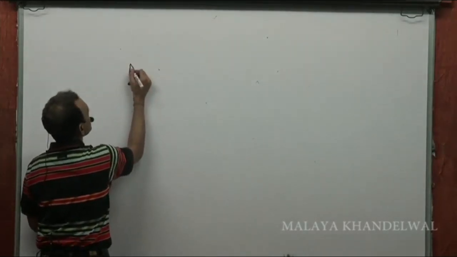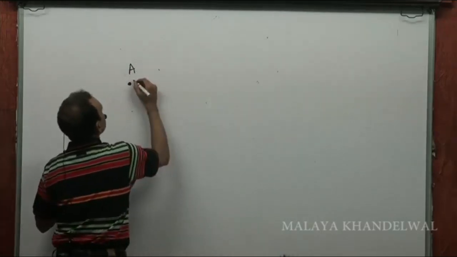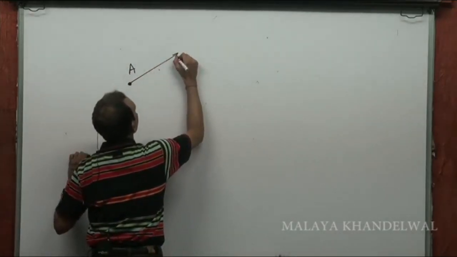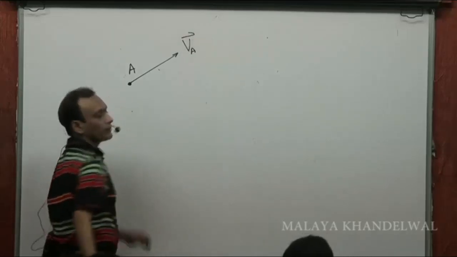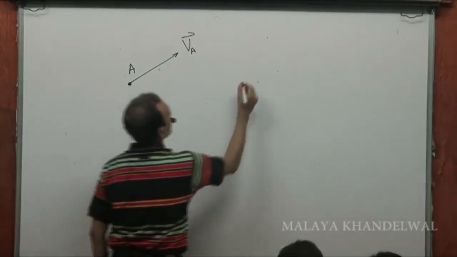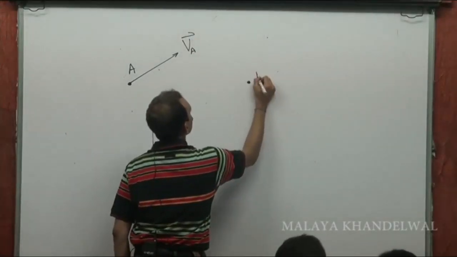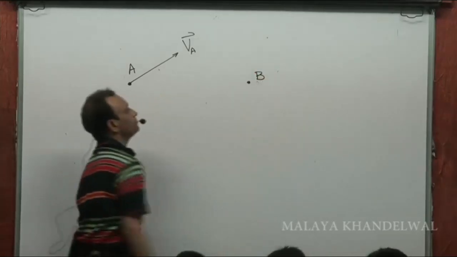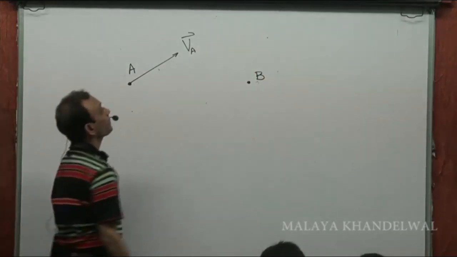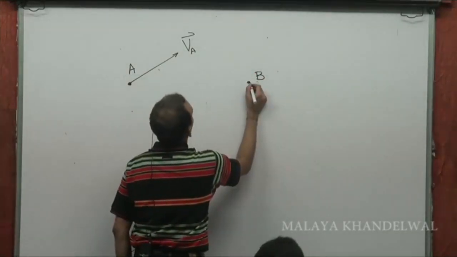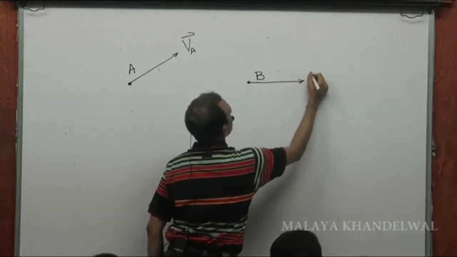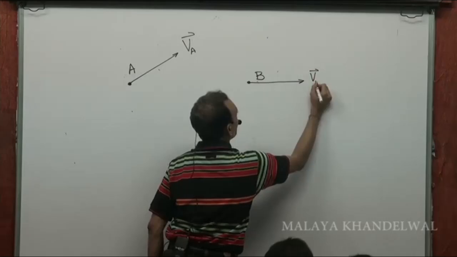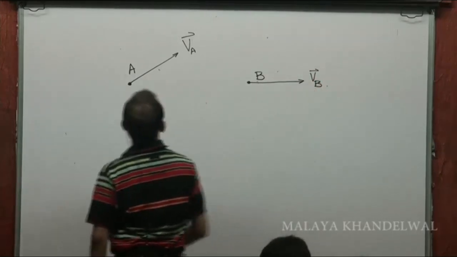If A is this, and say A has a velocity VA as seen by an observer at O, right? And B is this, right? And say B has a velocity VB as seen by a certain observer O. Clear?